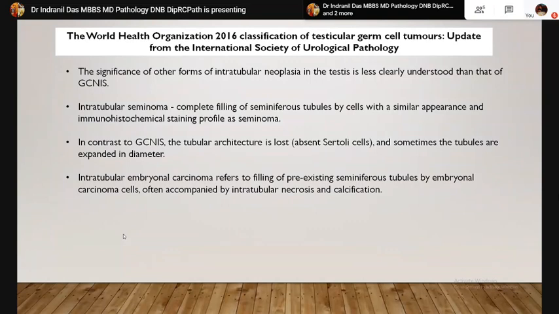And in contrast to the in situ germ cell neoplasia, the tubular architecture is lost, the Sertoli cells are absent, and tubules are expanded in diameter. In GCNIS, the expansion of the tubule doesn't occur. In intratubular embryonal carcinoma, there is complete filling of pre-existing seminiferous tubules by embryonal carcinoma cells, and it is often accompanied by intratubular necrosis and calcification.